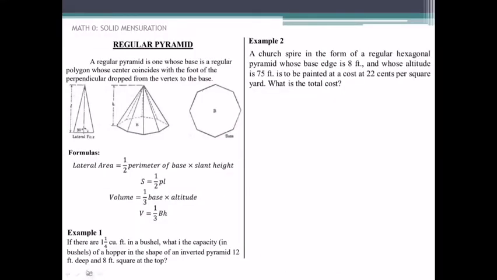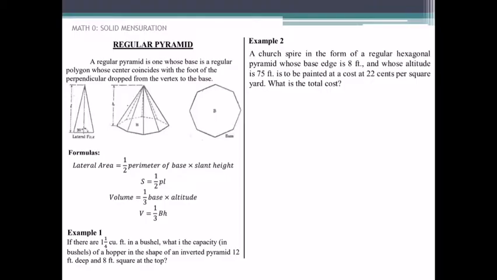Okay, we have another one. A regular pyramid. So what is a regular pyramid? A regular pyramid is one whose base is a regular polygon, whose center coincides with the foot of the perpendicular dropped from the vertex to the base.